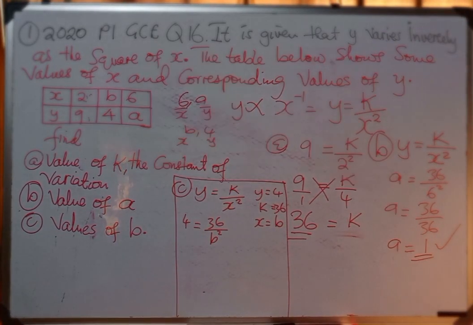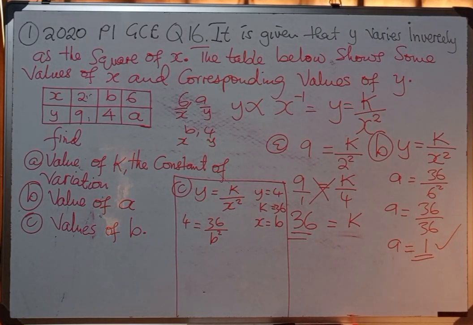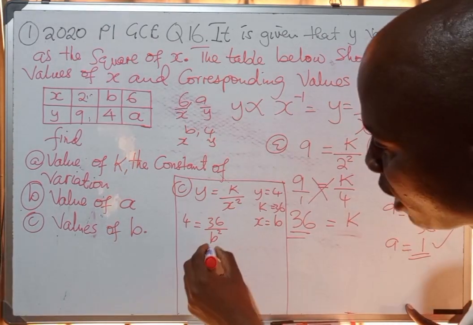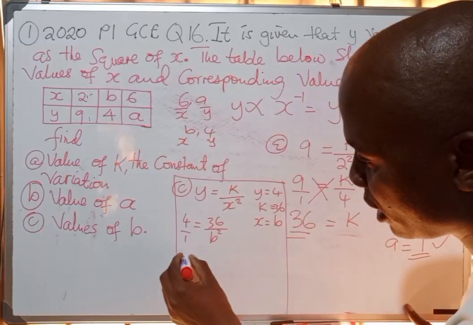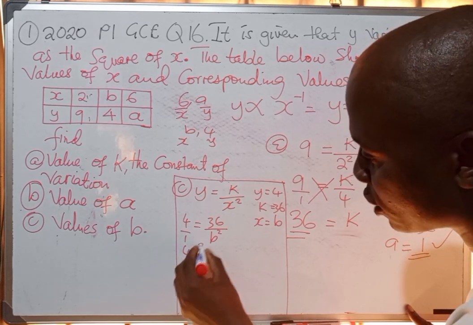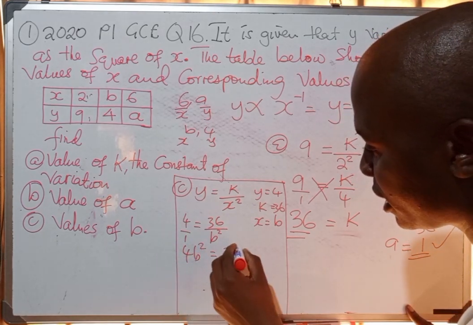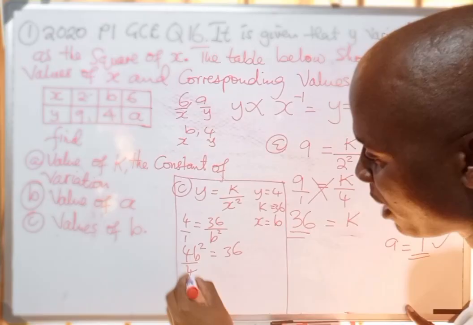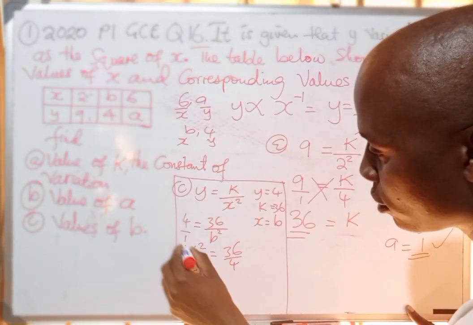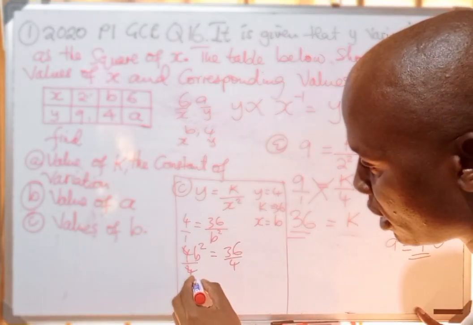So to find the value of b, we are going now to cross multiply. We are going to cross multiply so that we find the value of b. So we are going to have 4b squared is equal to 36. So divide this side by 4 and this side by 4.